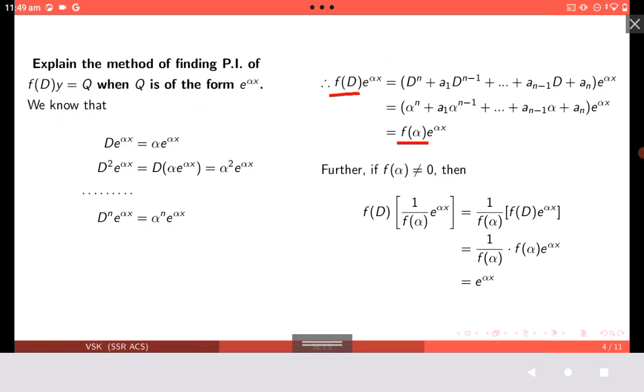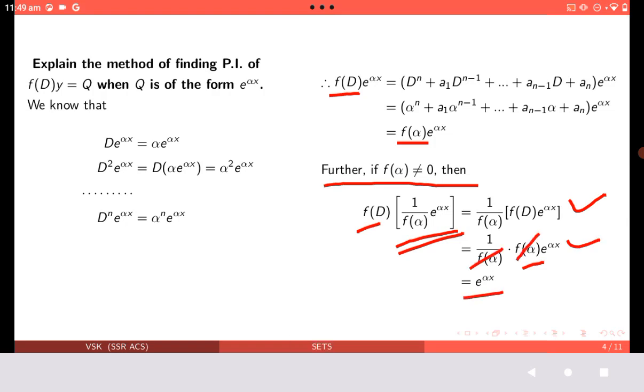Further, if F(alpha) is not equal to 0, then if we operate F(D) on this expression, we'll get 1 upon F(alpha) times F(D) operated on e to the power alpha x. We'll again get 1 upon F(alpha) into F(alpha) e to the power alpha x. F(alpha) and F(alpha) cancel, so we'll get e to the power alpha x. This means that this is your P.I. in this case.